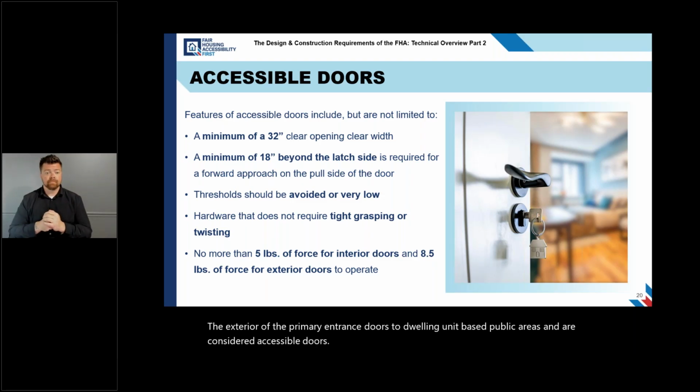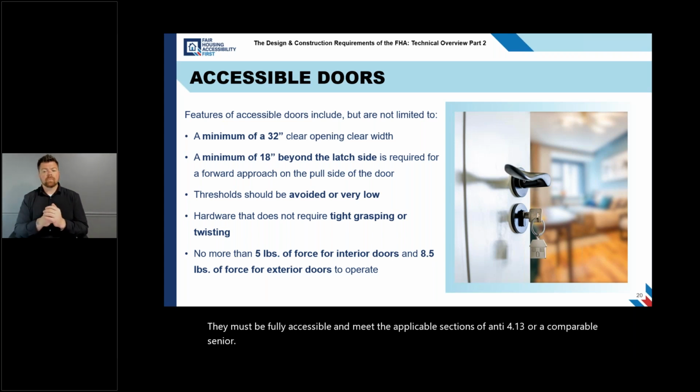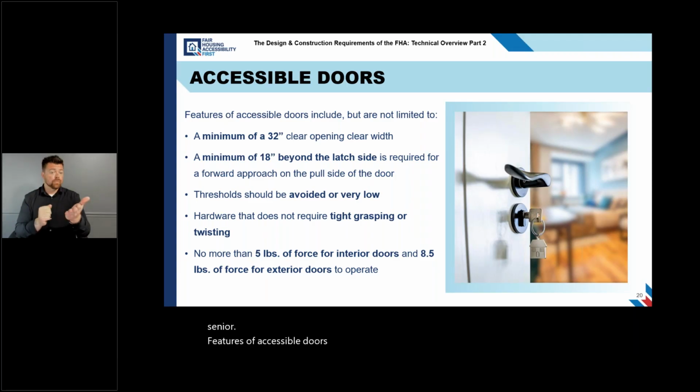They must be fully accessible and meet the applicable sections of ANSI 4.13 or a comparable standard. Features of accessible doors include, but are not limited to, a minimum of a 32-inch clear opening width.